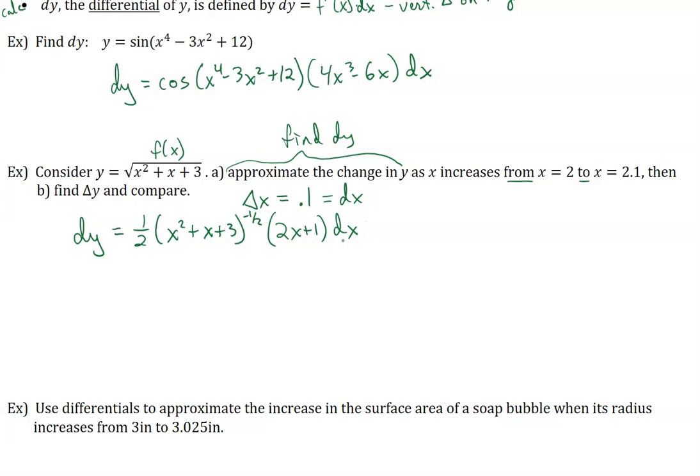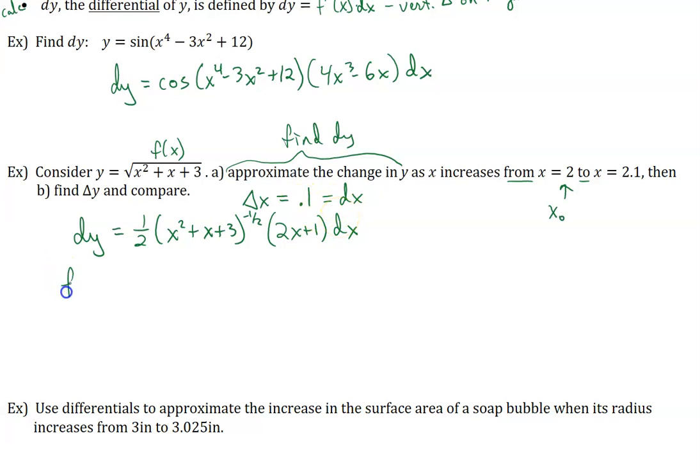And now we are going to evaluate this, okay? We're going to evaluate this at x equals 2, the original point, or in other words, the x sub 0 point, okay? And then for dx we'll plug in 0.1.